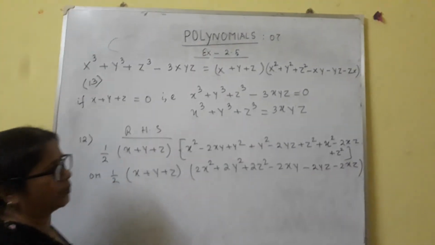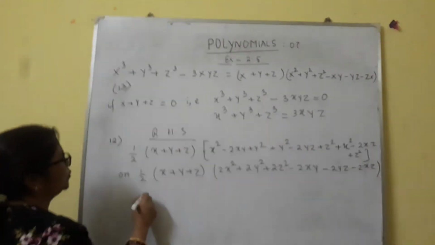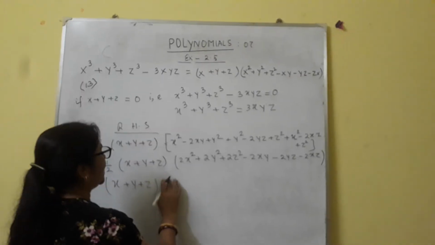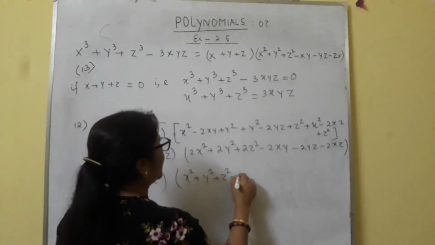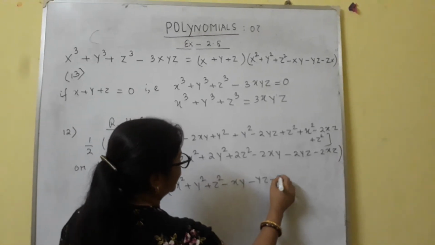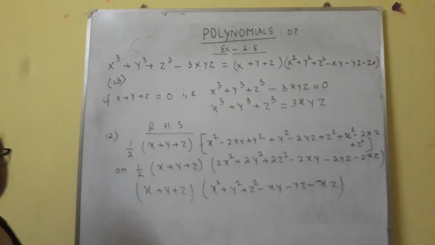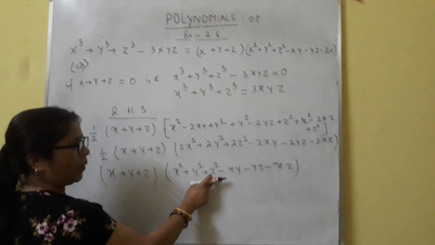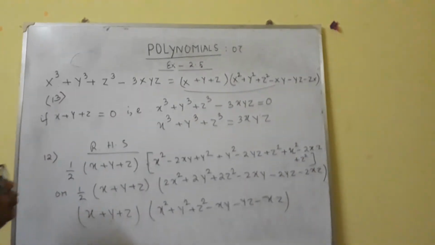We arrange the terms. Now from all the terms we can take 2 common and cancel it with this half. So we got x plus y plus z into x square plus y square plus z square minus xy minus yz minus zx. This is the right hand side of this identity.